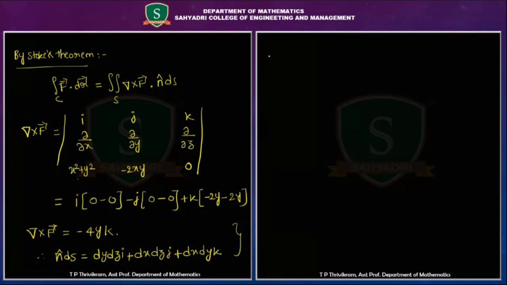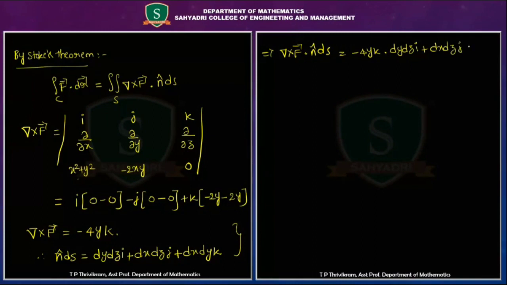So implies del cross f dot n cap ds is equal to minus 4y k dot dy dz i plus dx dz j plus dx dy k.